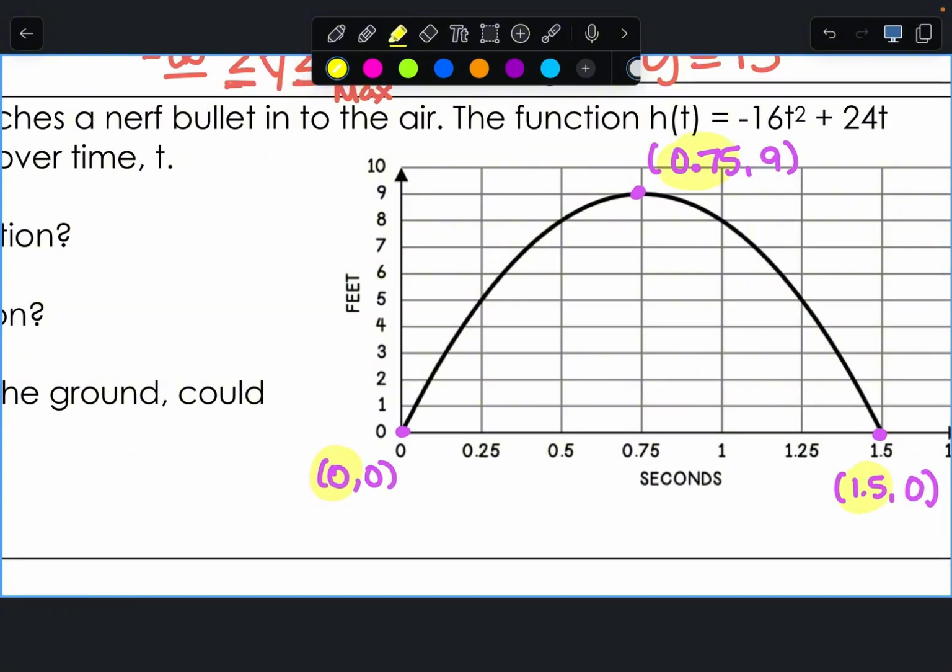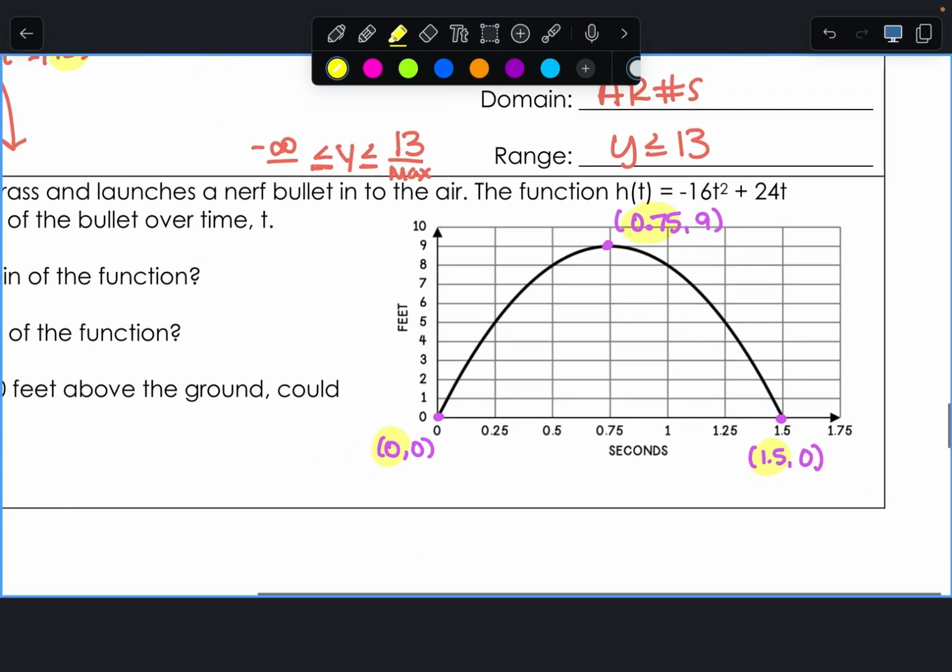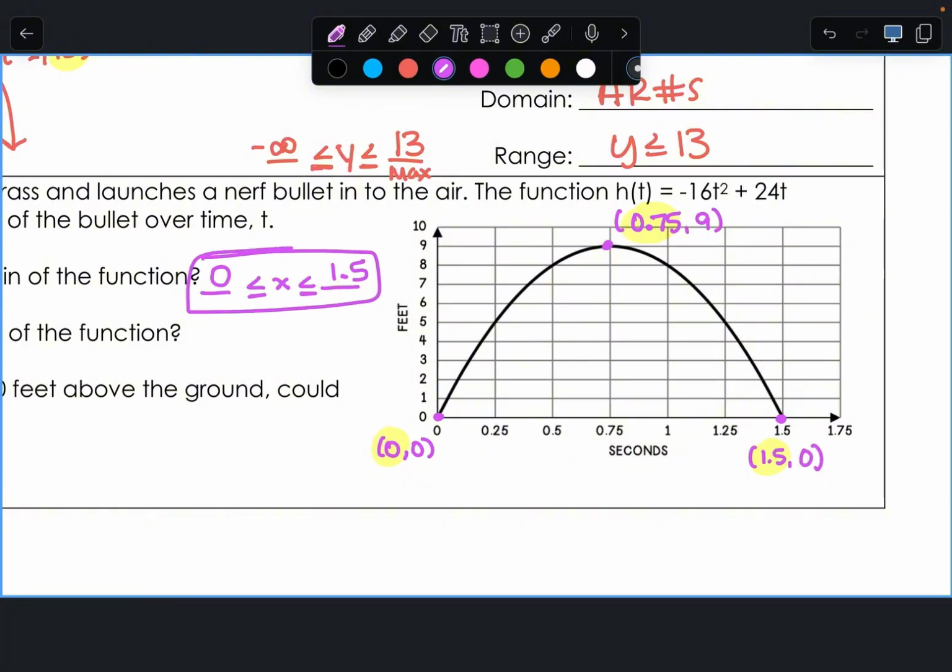All right, let's start with the domain. What is the minimum for the x values? 0, closed circle. There are no gaps, no open circles. What's the highest x value? 1.5, closed circle. Done. That is the domain. When you have numbers on both sides, the whole thing is your answer.